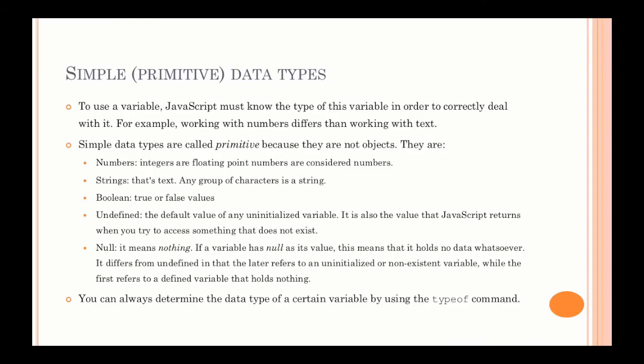Now, we have studied variables, and we said that variables are used to store data. But what is data? In other words, how JavaScript views the data. JavaScript has two types of data, just two large types of data, either primitive data types or non-primitive data types. We are going to study in this section the primitive data types, as we are still in the introductory section of JavaScript.